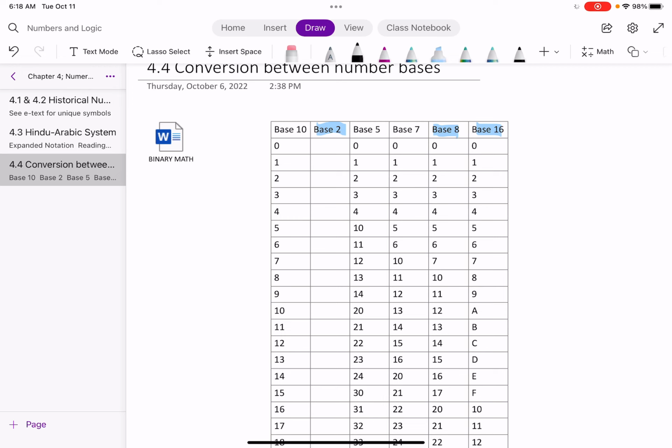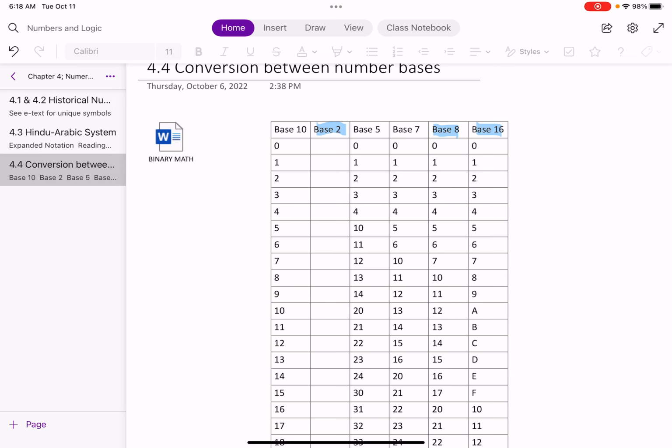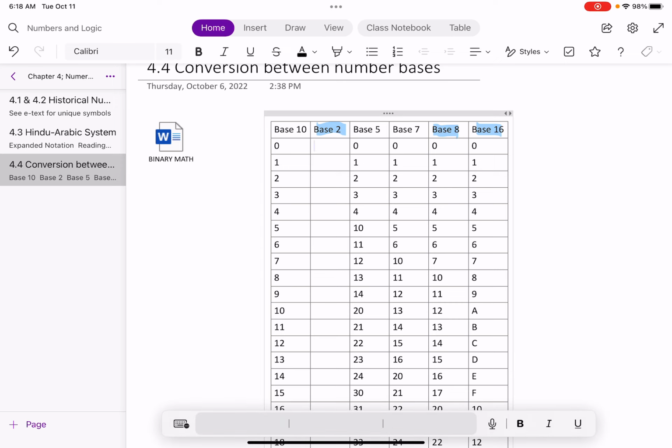Now if we do base 2, it repeats very often. I lost my cursor because I put it on my draw. There we go. Because it repeats every 2 numbers, so 0, and then a 1, and then 2 becomes 1, 0.